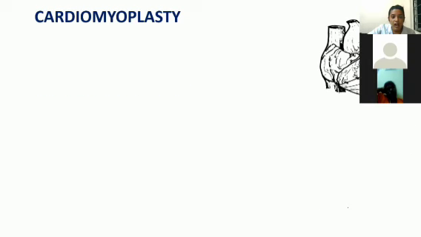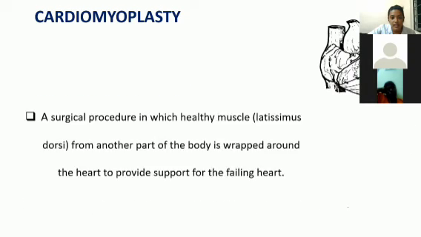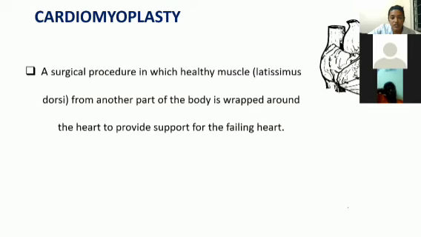Next one is cardiomyoplasty, a surgical procedure in which healthy muscle from another part of the body is wrapped around the heart to provide support for the failing heart. Mostly the muscle used is the latissimus dorsi.